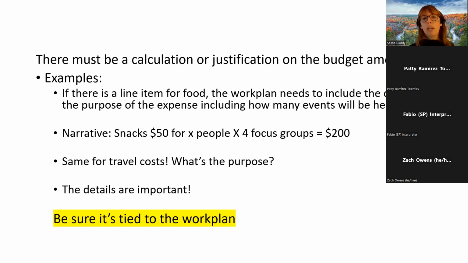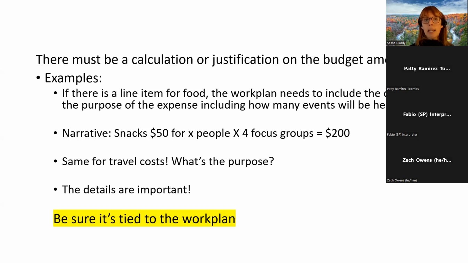If you're hosting an event and you plan on having food at that event, what is the event for? How many people do you think are going to attend? And how does it align to your program activities that were approved when you got your award?